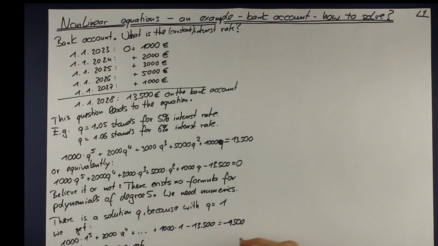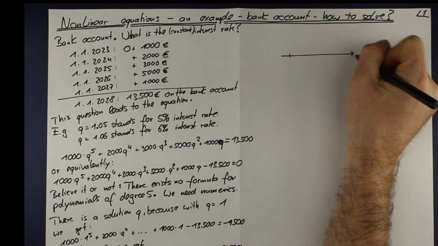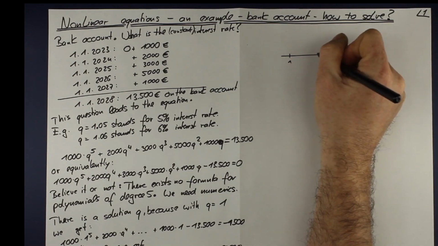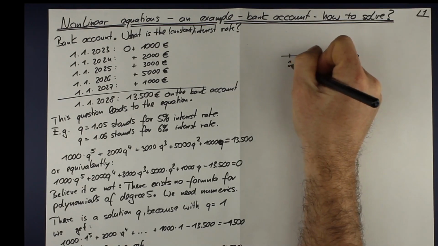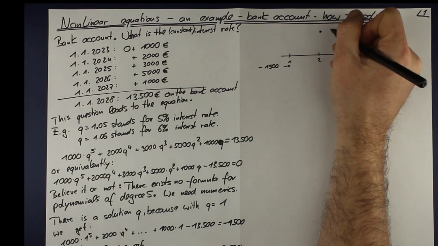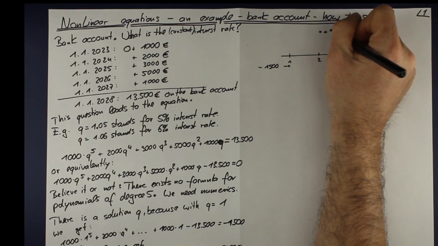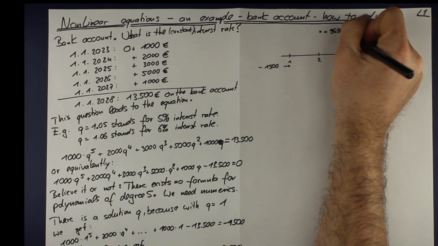And if you want to do that calculation, the answer is 96,500. So what is the situation? If this is q, with 1 and with 2, we have here the value minus 1,500, and with q is 2, we get plus 96,500.